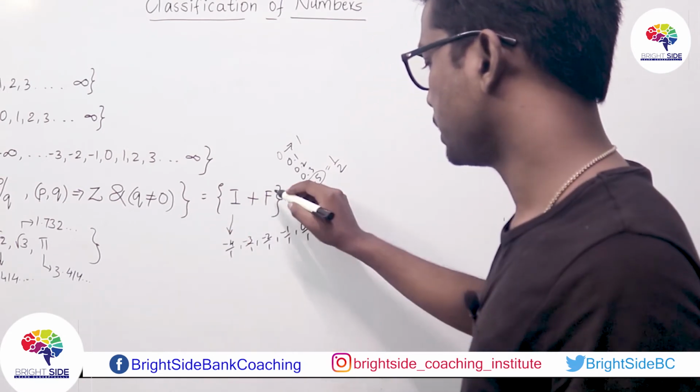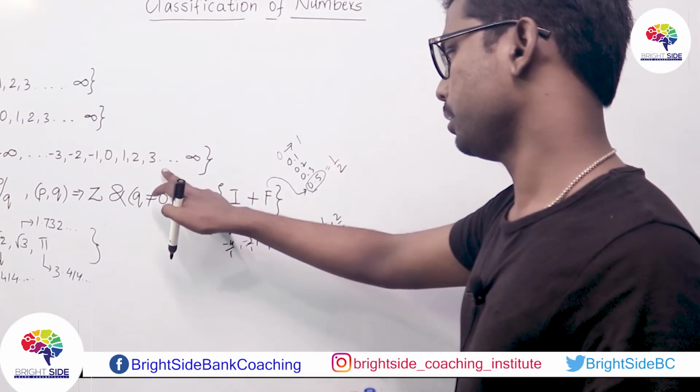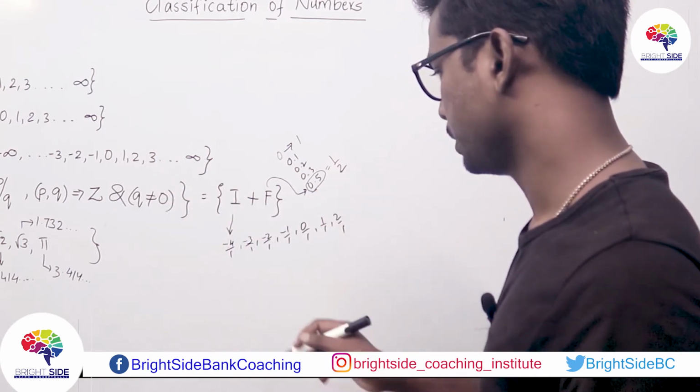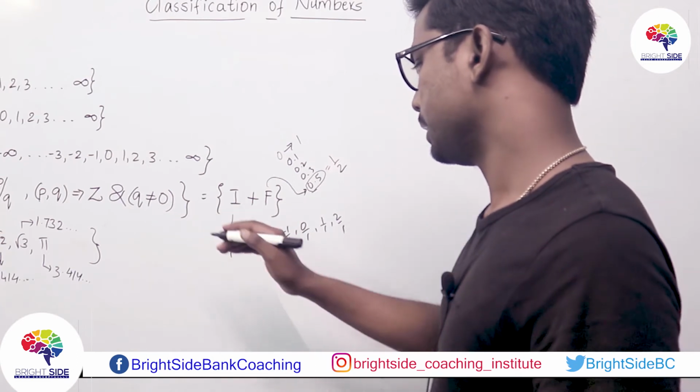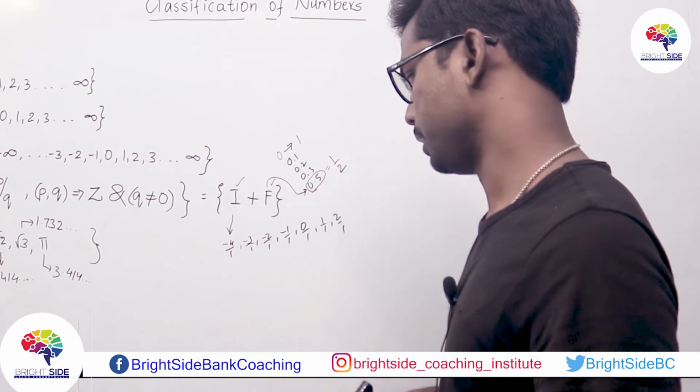Such fractions will be there in rational numbers, but not in integers. So the rational numbers are a combination of integers and fractional values.